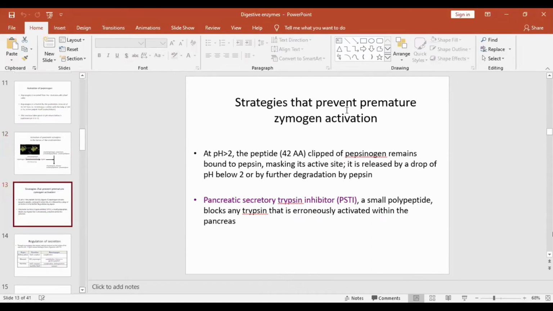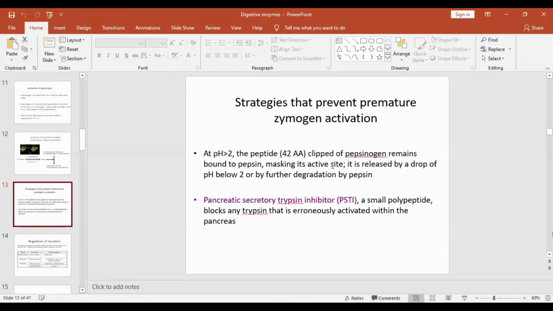So how is the premature activation of this zymogen prevented? When it is synthesized, it is synthesized in its large form. For pepsinogen to get activated, the 42 amino acids should be clipped. If they are not clipped, they remain attached to the pepsin, masking its active site.